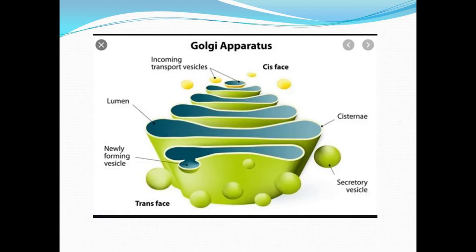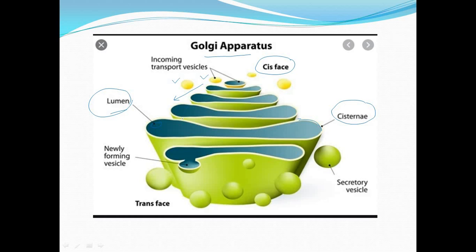And this is the image I have uploaded from Google. Golgi apparatus. This is the cis side where it receives incoming transport vesicles from the ER. Then this enters into the lumen of the Golgi apparatus, and this outer side is the cisternae and the inner side is the lumen.